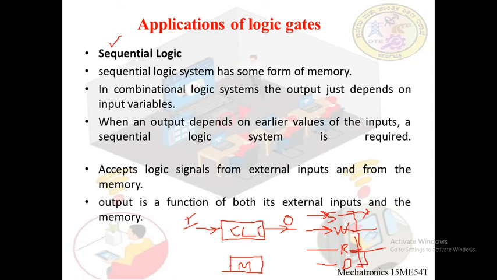So therefore the performance or the execution of this program definitely depends on memory, which keeps track of all the previous records or the outputs. Therefore the output of this logic circuit will be fed into the memory.